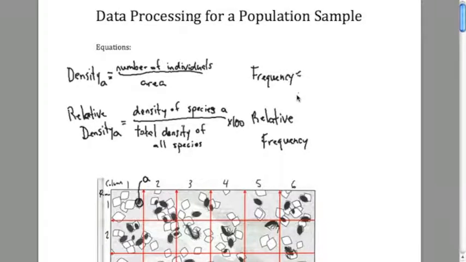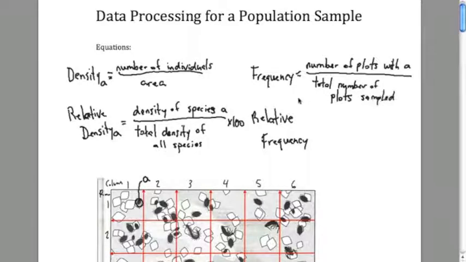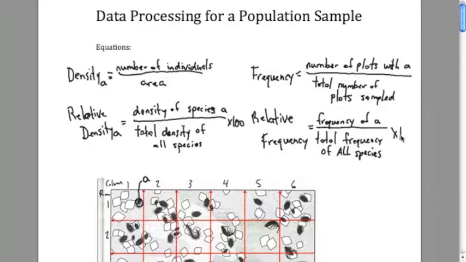The frequency is the number of plots with species A divided by the total number of plots sampled. And again, we carry that number down to calculate our relative frequency, which is the frequency of species A divided by the total frequency of all species times 100.